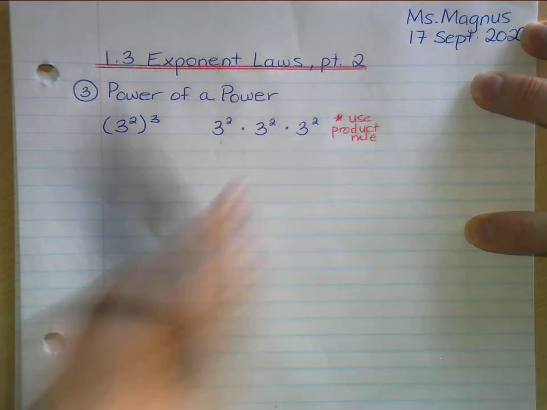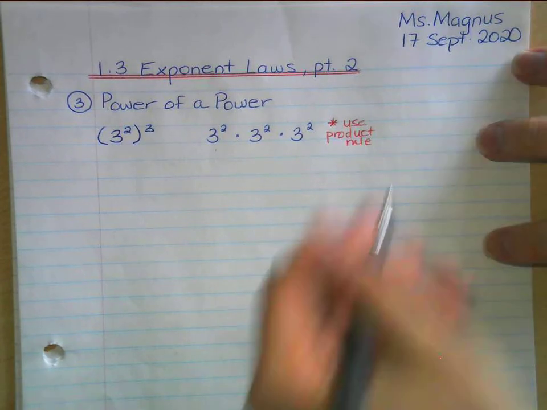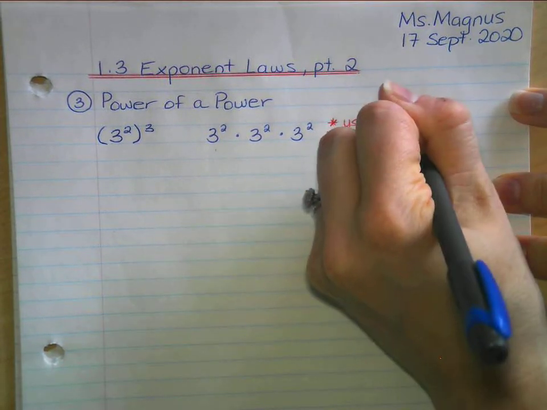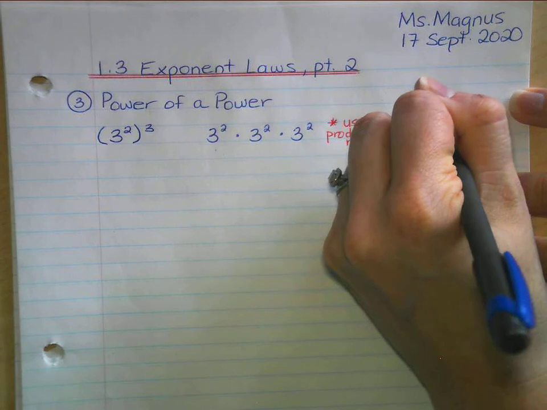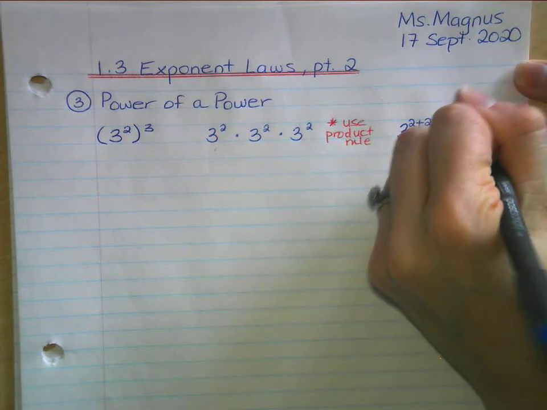So we know that's going to be 3 to the power of 2 plus 2 plus 2. So what's the overall answer? 3 to the? Beautiful, 3 to the 6.